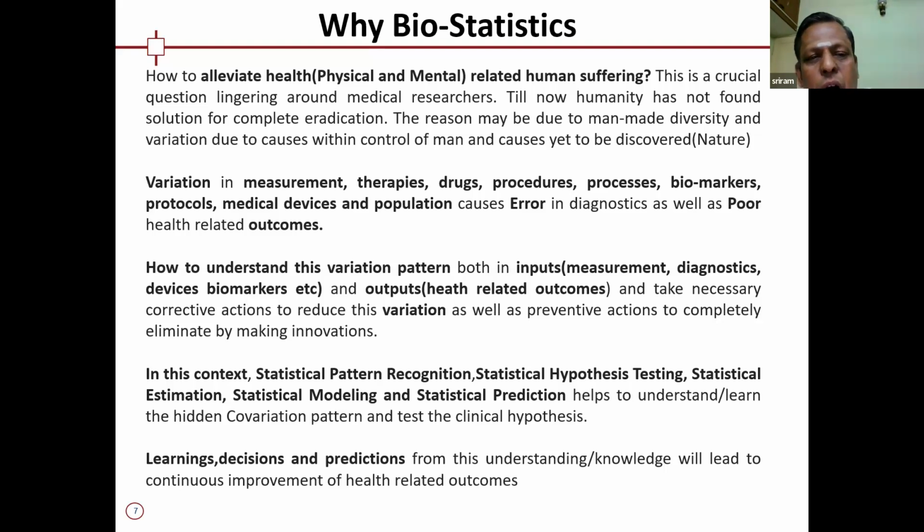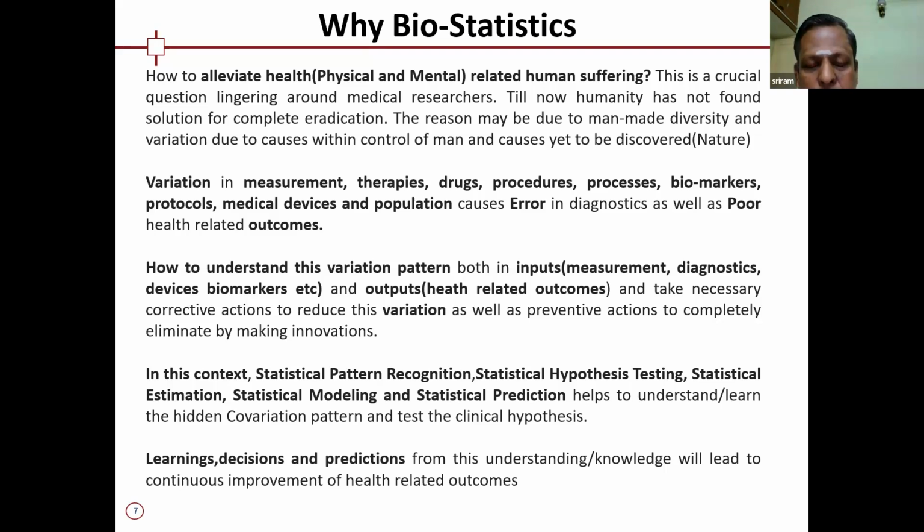Because of a lot of variation in measurements, therapies, drugs, procedures, processes, biomarkers, protocols, medical devices, and in human or non-human populations. The variation in the population causes error in diagnostics as well as in health-related outcomes.